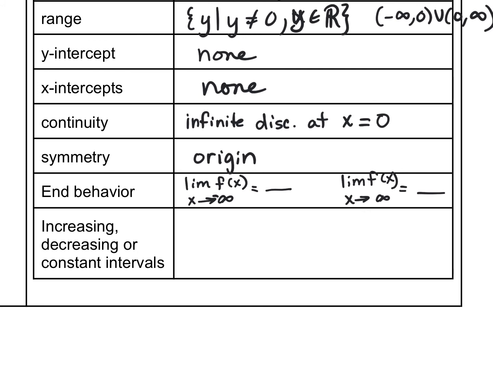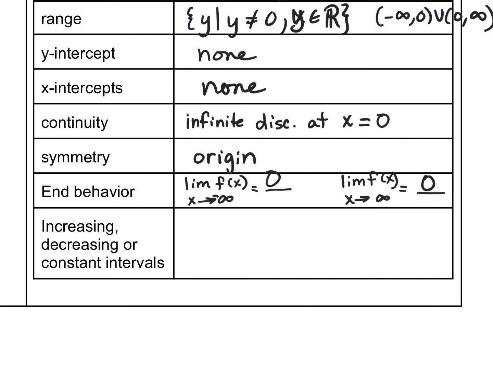What is the end behavior of this guy? As it gets closer and closer and closer to infinity or negative infinity, what is it approaching? 0, isn't it? Isn't it getting closer to the x-axis? Well, what is the value of y at the x-axis? 0, isn't it? So both of these are 0.